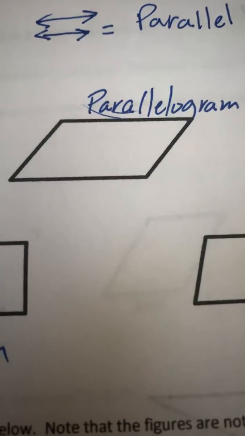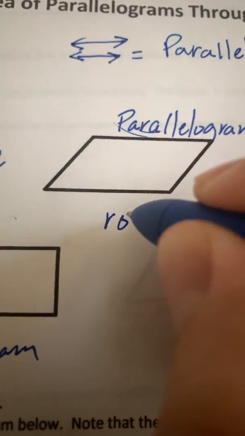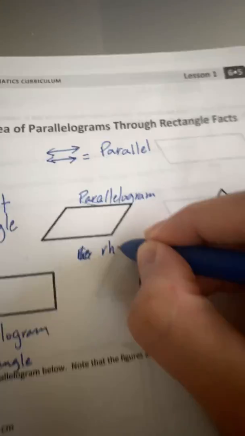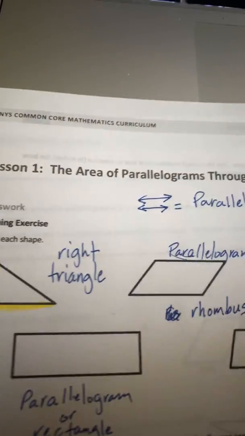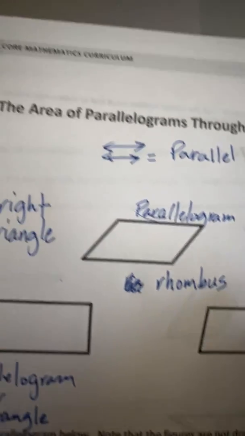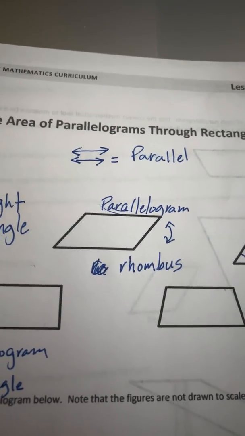This is also a parallelogram. They didn't write it, but I'm going to have it here. We also call this a rhombus, okay? A rhombus.